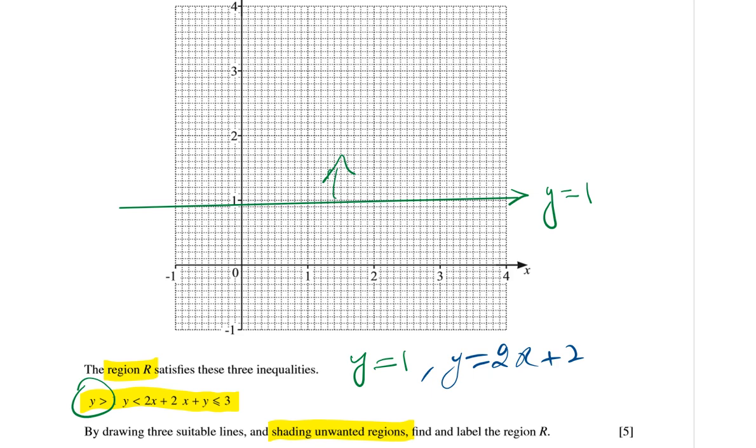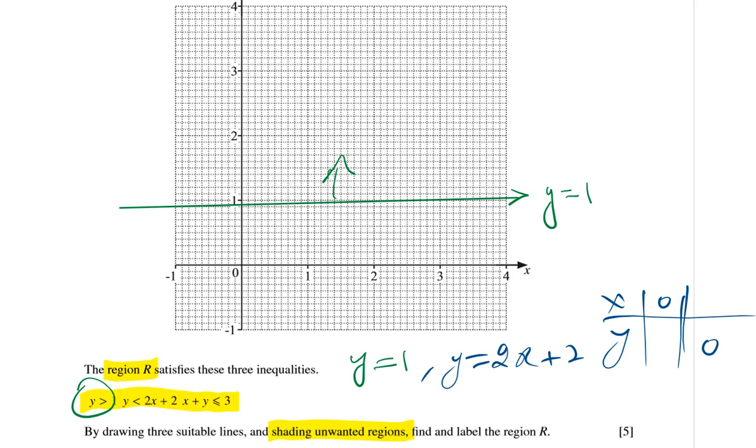For lines like this, the easiest way is to put x equal to 0 one time and y equal to 0 the other time, to find the intercepts.